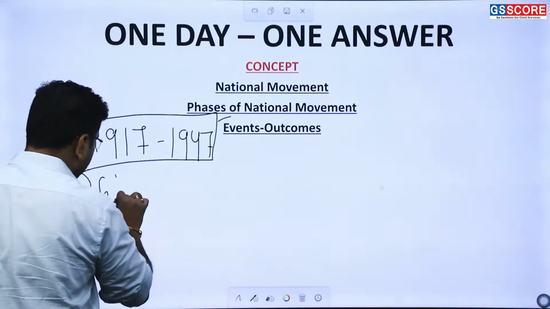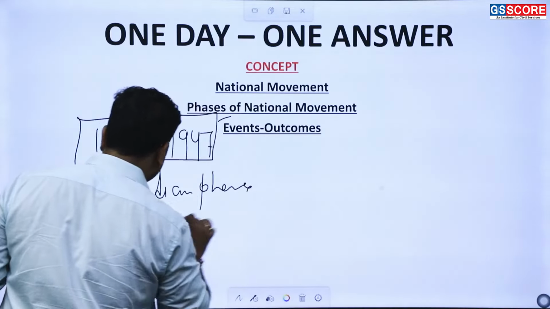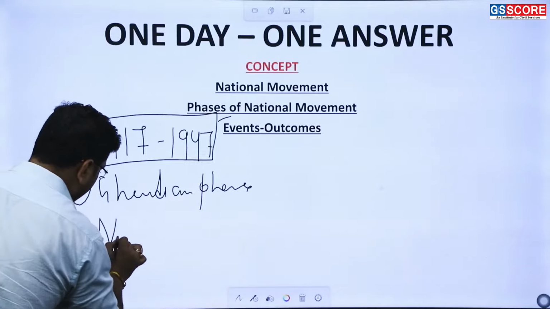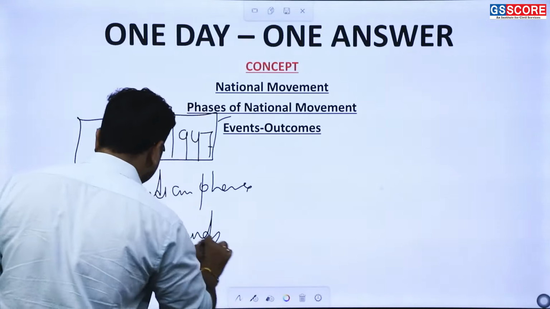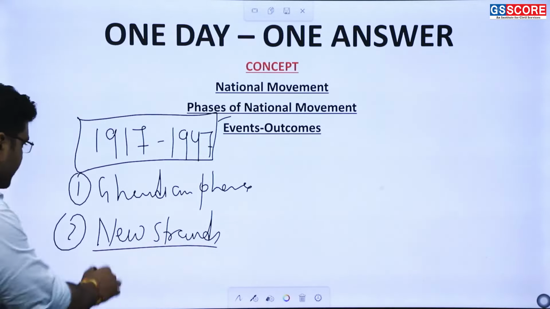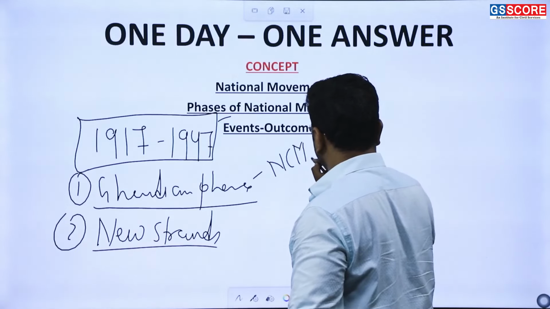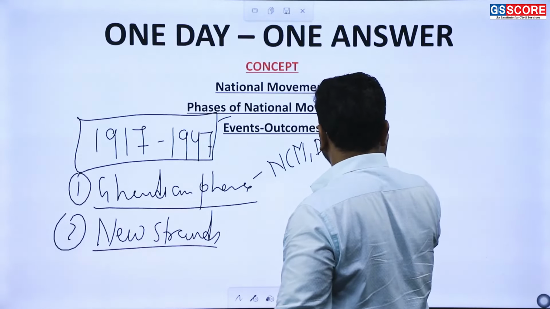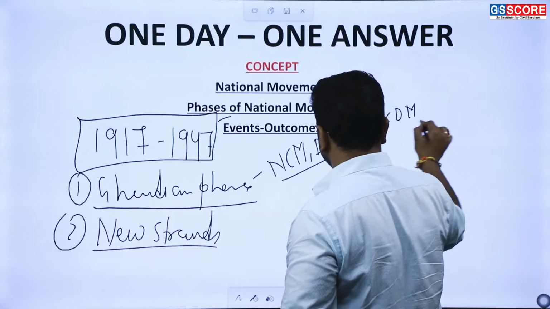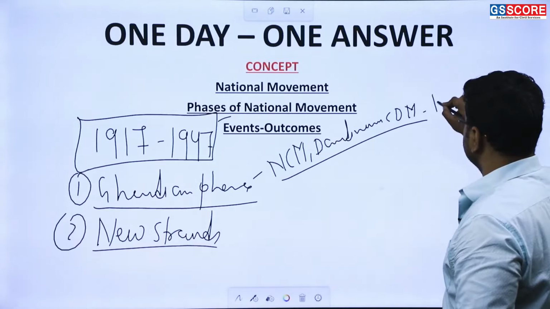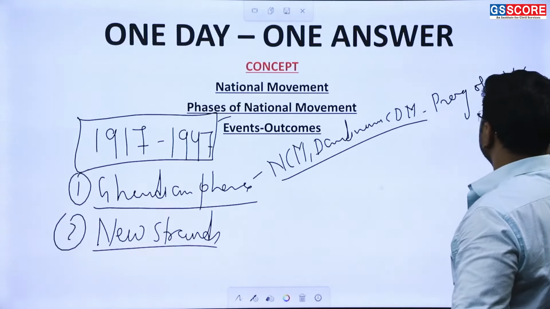First was the Gandhian phase, and the second was that new strands were being joined in the national movement. In terms of the Gandhian phase, the Non-Cooperation Movement, the Dandi March, the CDM, Civil Disobedience Movement, etc., will be dominated by the constructive programs of INC to make the national movement more inclusive.